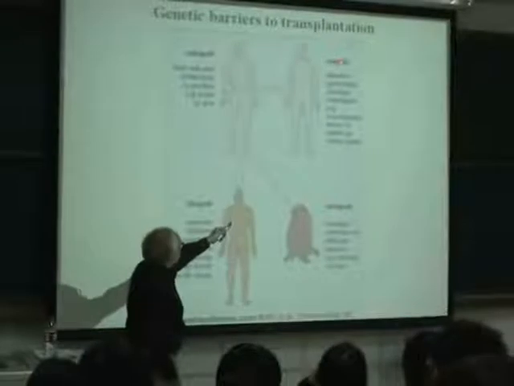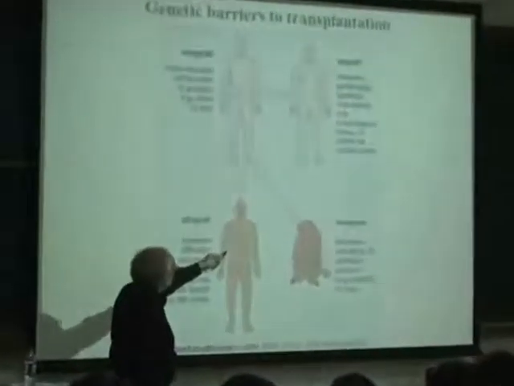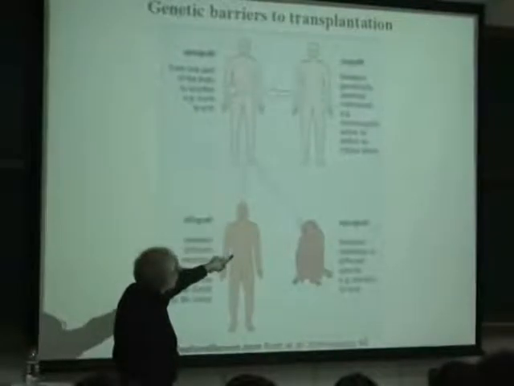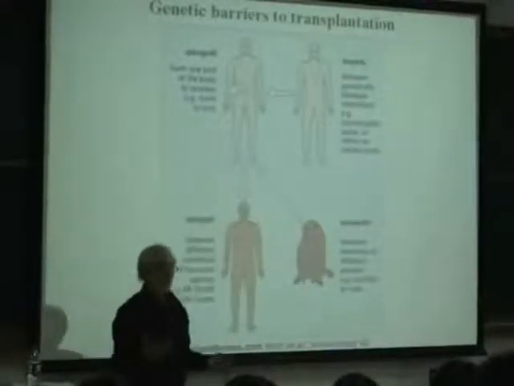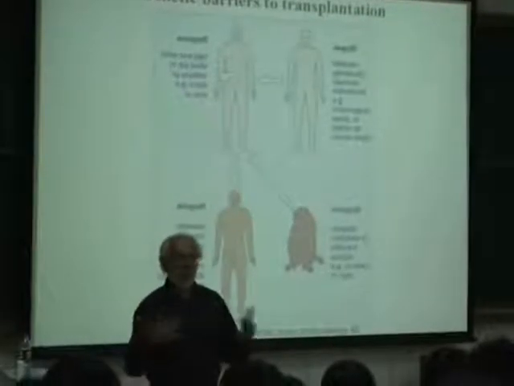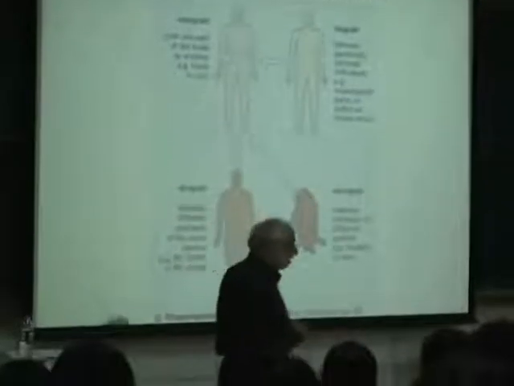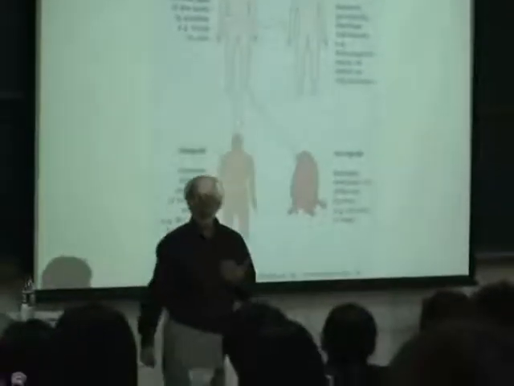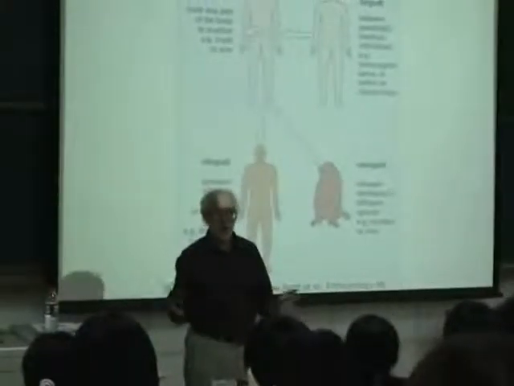Or you can have an isograft, where the graft is between genetically identical individuals, for example, monozygotic twins, or an inbred strain of mice. If you take mice and you brother-sister mate them over 20 generations, so you keep taking the mice and brother-sister mating them, then you end up with an inbred strain of mice, where the genes are all identical in each mouse.